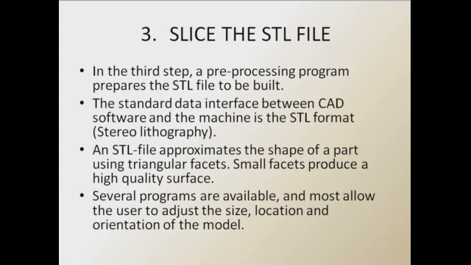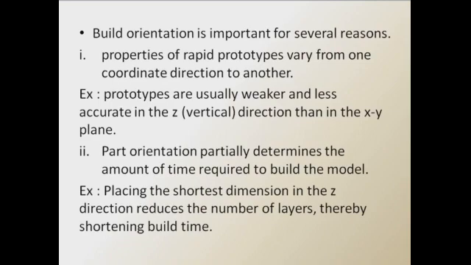The STL file approximates the shape of the part using triangular facets. Small facets produce a high quality surface. Several programs are available, and they must allow the user to adjust the size, location and orientation of the model. As I said, small elements produce more accuracy, but they take more file size and more time.